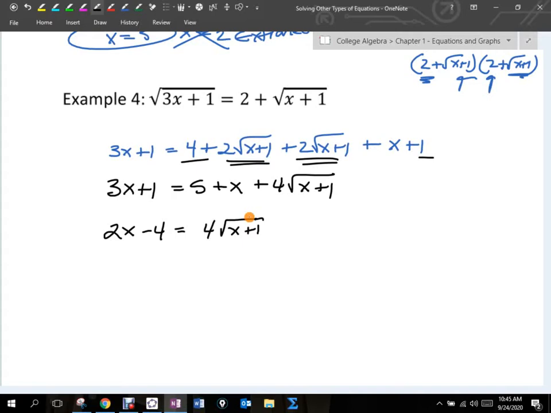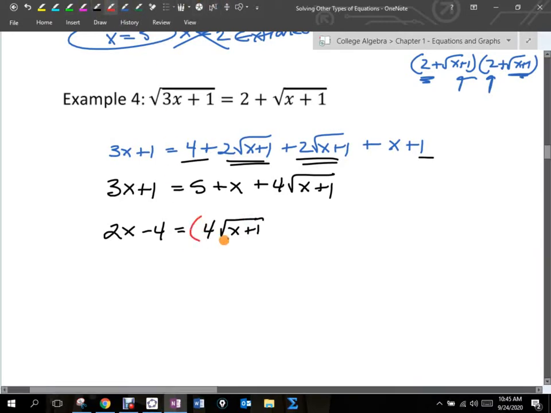I think dividing everything by 2 would be nice, but even though that's nice, leaving this alone really isn't all that bad. So I'm just going to square right away, okay? When I square the left-hand side, it gives me 4x squared minus 16x plus 16.